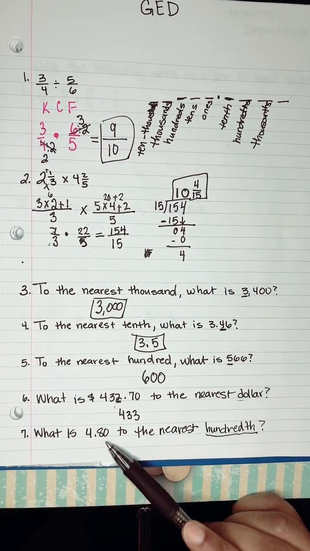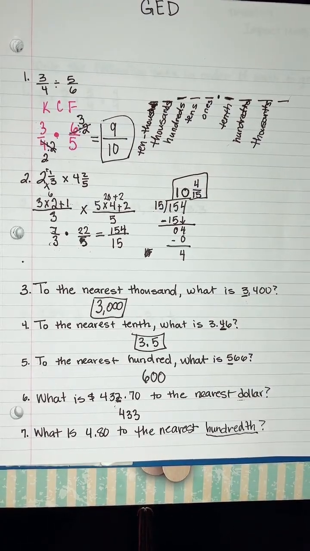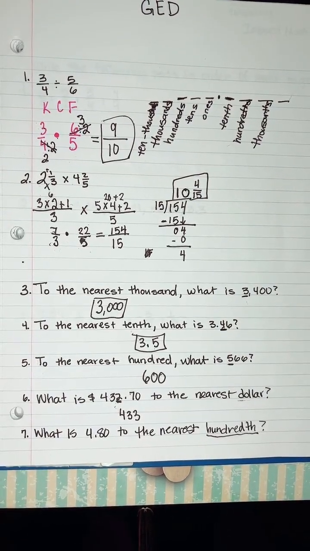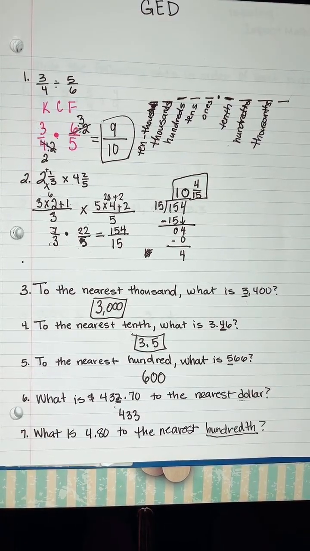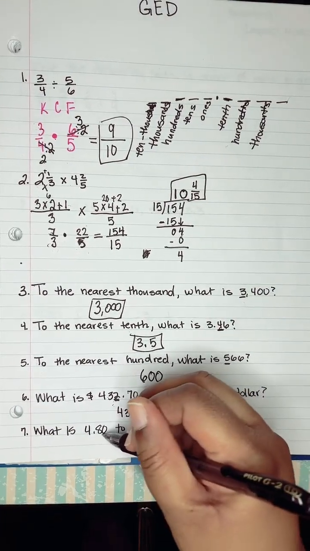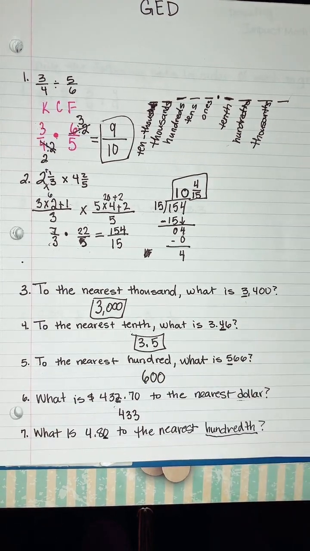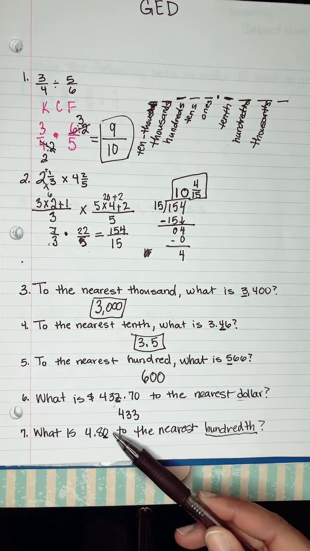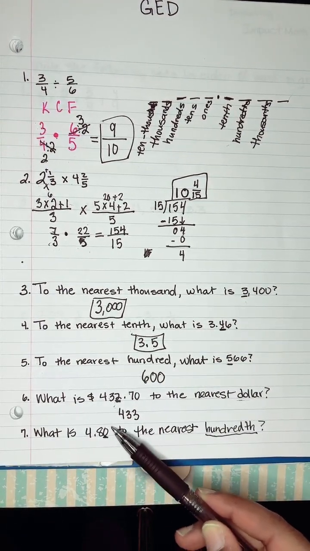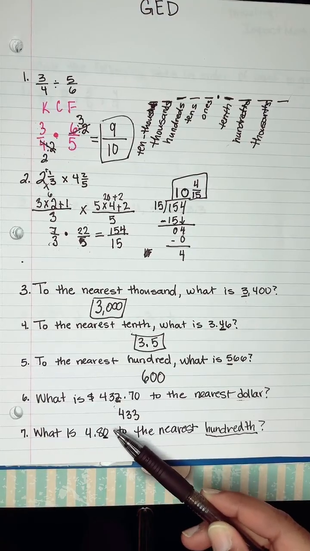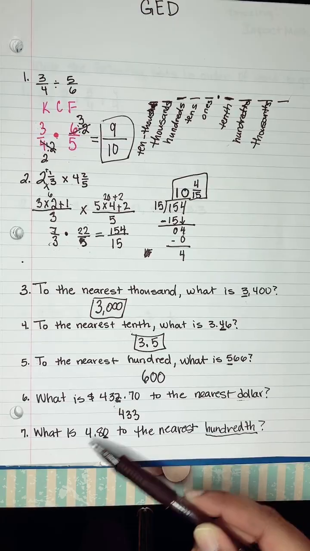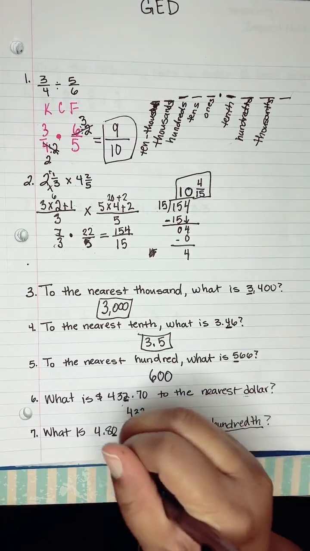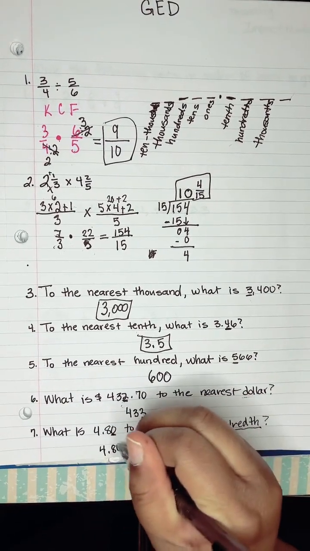What digit is in the hundredth spot? The 0. Yes, the 0 is in the hundredth spot. Correct. So when we look here, see how there's no number after it? Since there's not a 5 or above, everything remains the same. So it's just going to be 4.80.